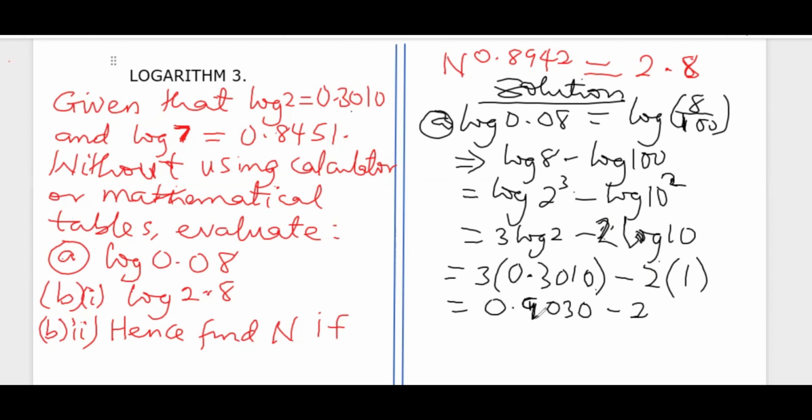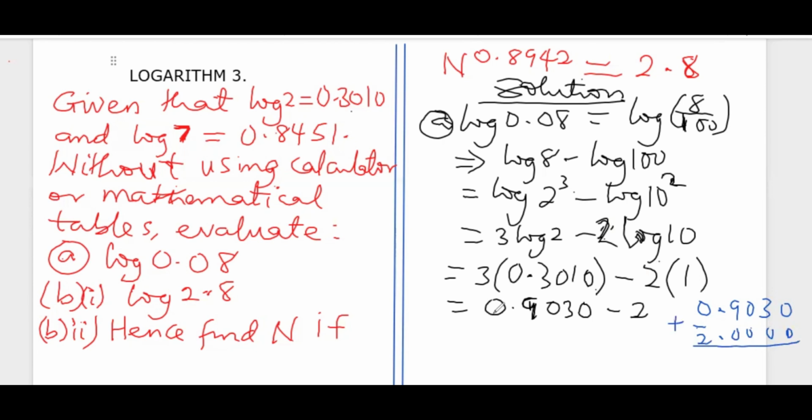Don't forget in logarithm, the number after the decimal, we call it the mantissa. And the whole number before the decimal, we call it the characteristic. The characteristic here is negative 2, while the characteristic here is 0. So it's like we have 0.9030 and you have about 2.0000.